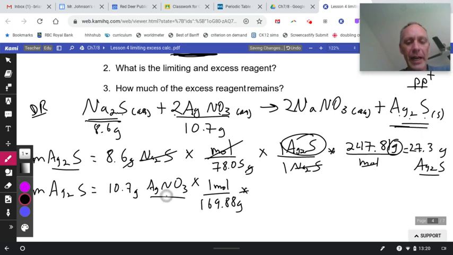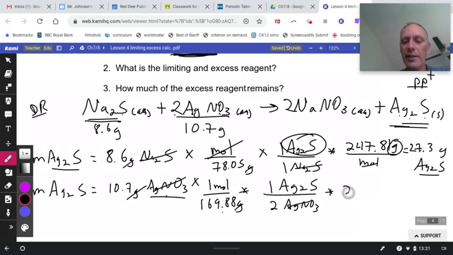Okay, sorry. So back to this one. So there's our mass of our reactant, molar mass of that reactant. That gives us the moles of AgNO3, but we want Ag2S. So from our balanced equation, 1 mole of Ag2S for every 2 moles of AgNO3. Okay, AgNO3s cancel out. We now have our moles of Ag2S.